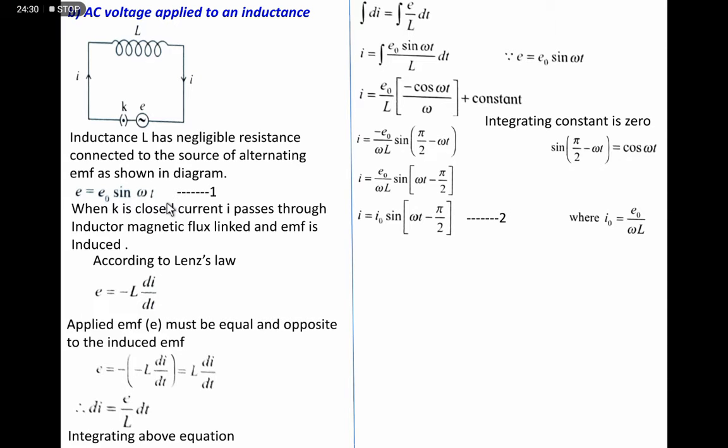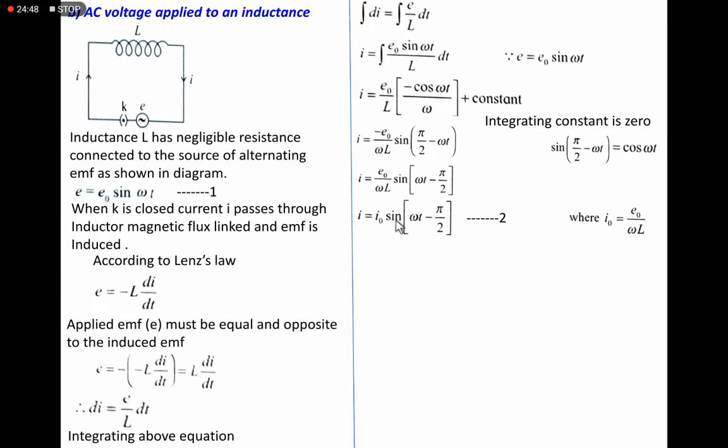If we compare equations 1 and 2, both are sine functions, EMF and current both vary with the sine function, but a phase difference is there.